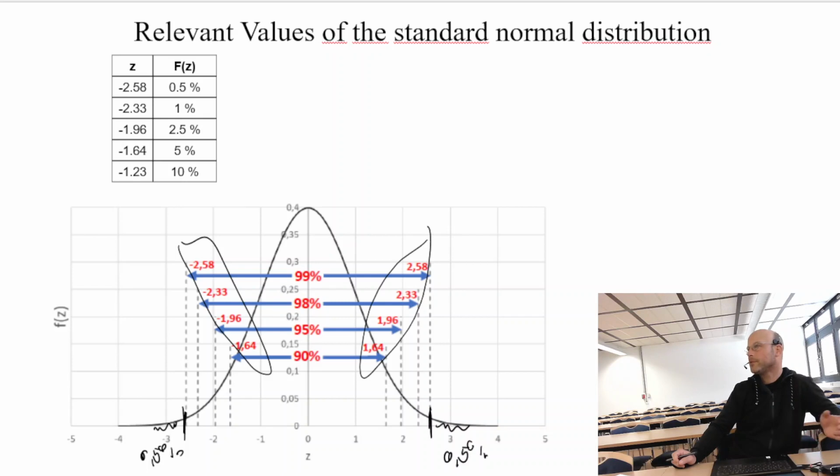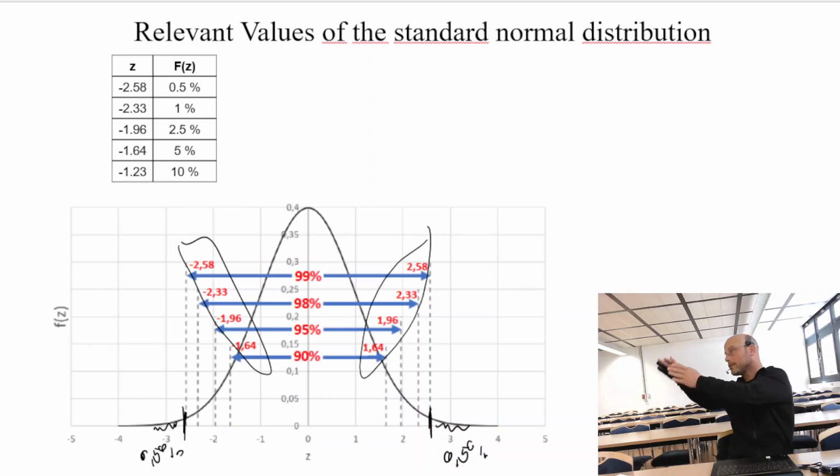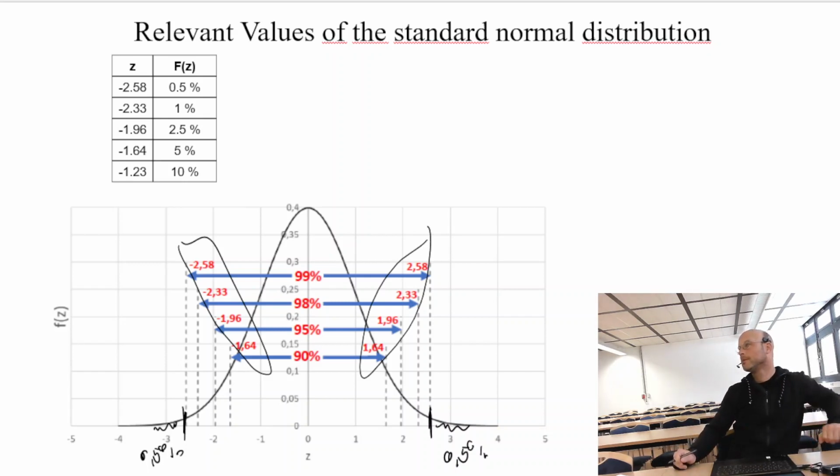Minus 2.58, minus 2.33, minus 1.96, or minus 1.64? So now the area below only one tail has to be 10%.